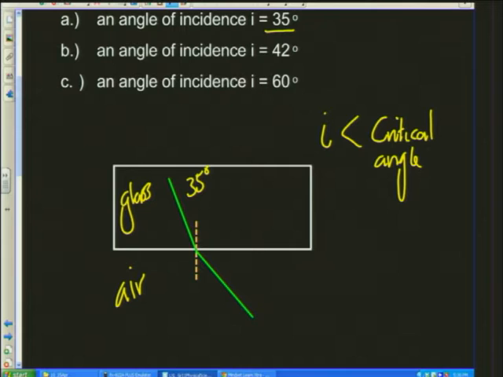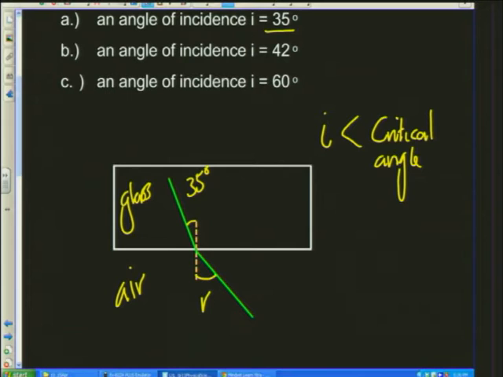Notice that the angle of incidence is small, the angle of refraction is large. Okay, that's the first diagram. You got it? The situation is glass to air, less than the critical angle.